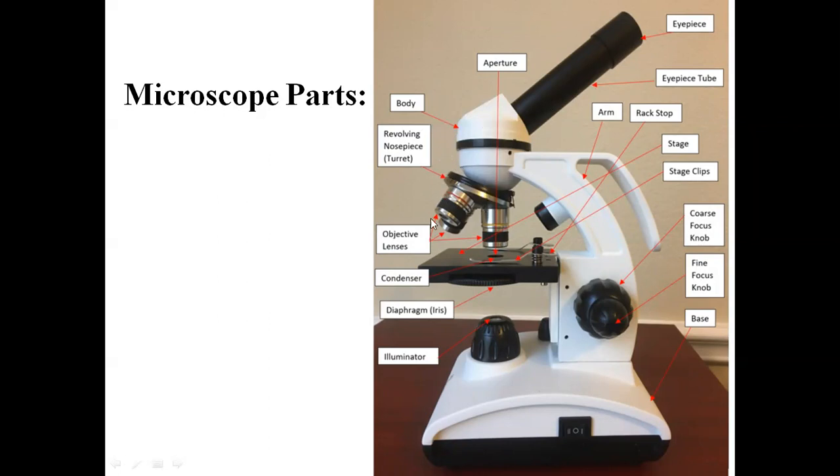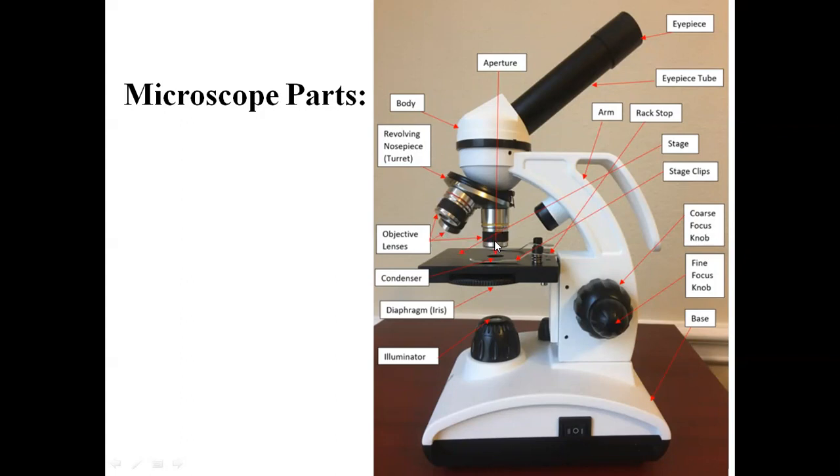What the revolving nose piece does is, according to your requirement for what you are going to see on the stage, you can rotate this nose piece and fix the different types of lenses that are available.